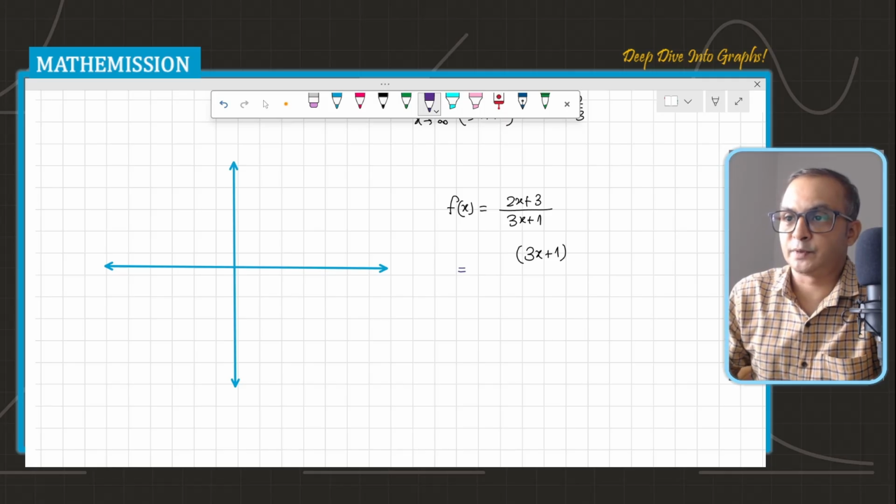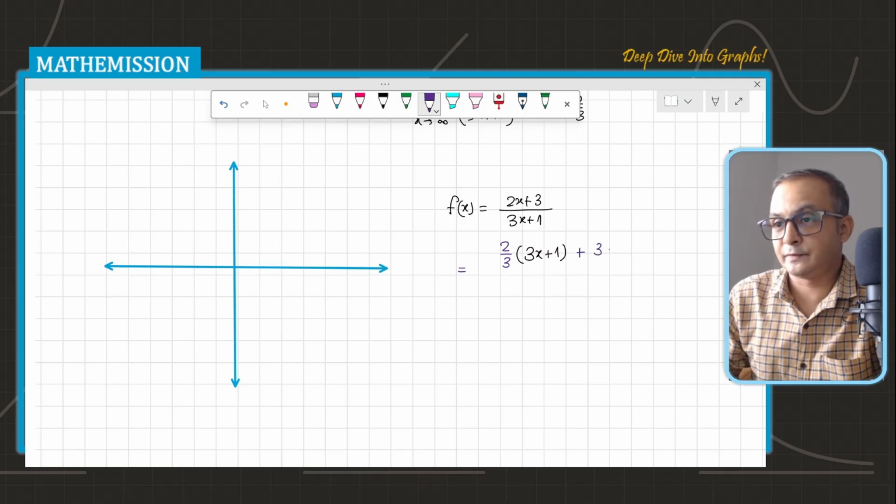Here I'm writing 3x + 1 on the top, but I have to make it 2x + 3, so I'm just multiplying by 2/3 so that I get 3 and the 3 cancels, and I'll get 2x. But extra I got 2/3, and the 3 was already there, so I'm adding 3 to show it here, and I'm subtracting 2/3 because it's not there.